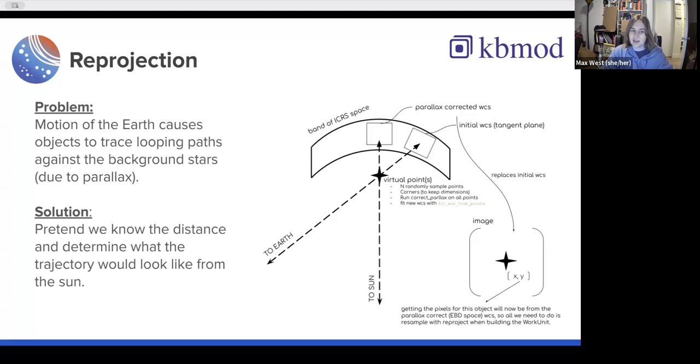Basically, if we take a random point along the vector of our observation towards where we're observing in ICRS space, and we assume its distance from the sun, we can find this virtual point's distance from the Earth, and figure out where this would appear in ICRS space if the observation had been taken from the solar system barycenter, which will remove all of the parallax motion from the Earth because we're pretending that it's at the center of the solar system and not at the Earth.